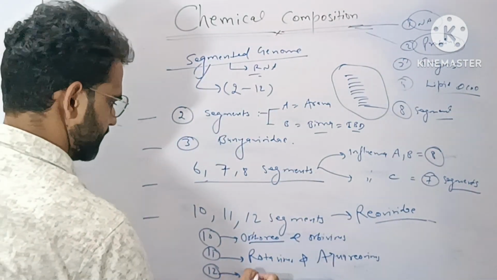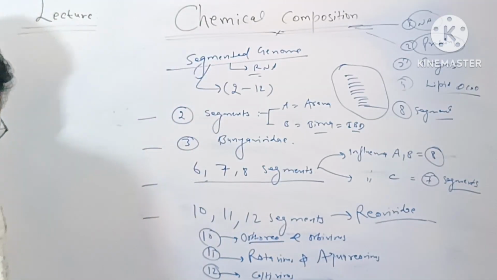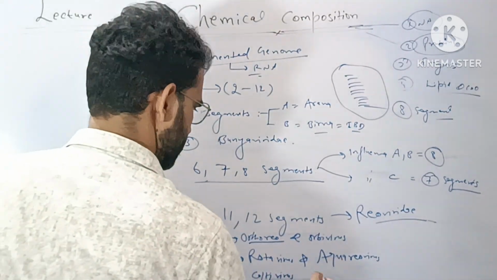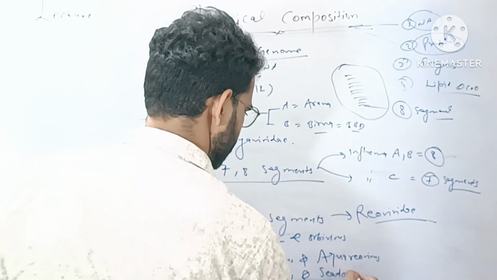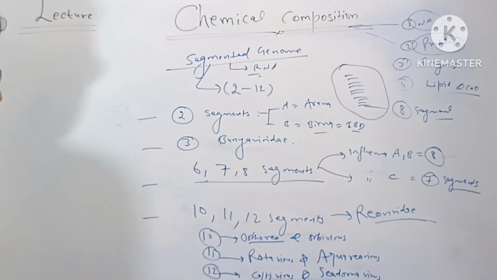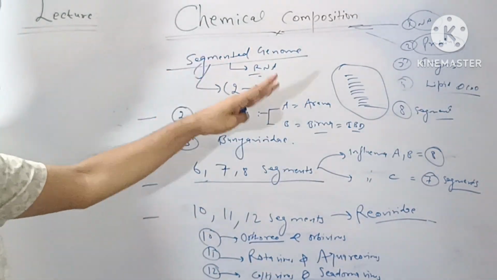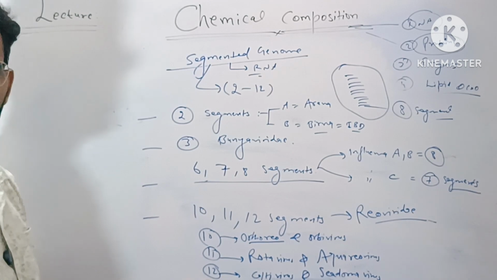And 12 segments are found in the genus Coltivirus and Seadornavirus. So these are the segmented genomes, which start from 2 and go up to 12.